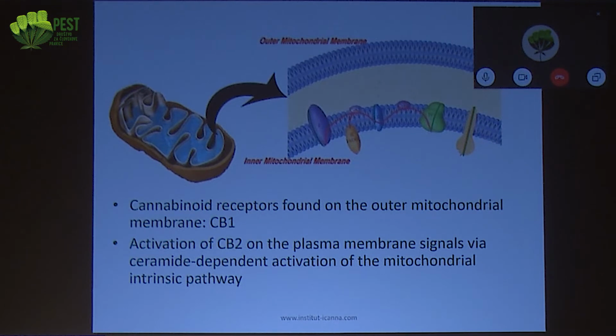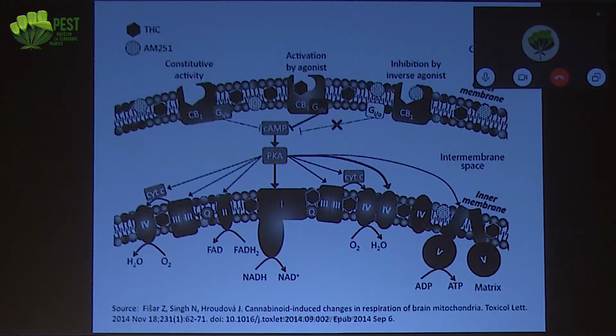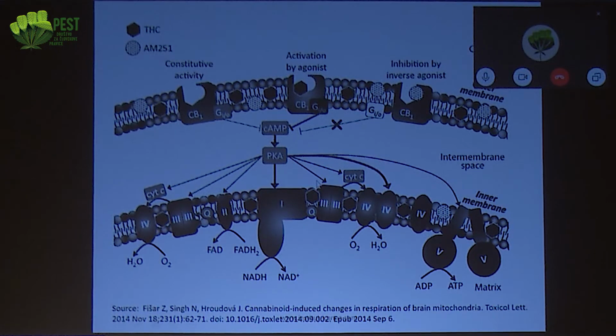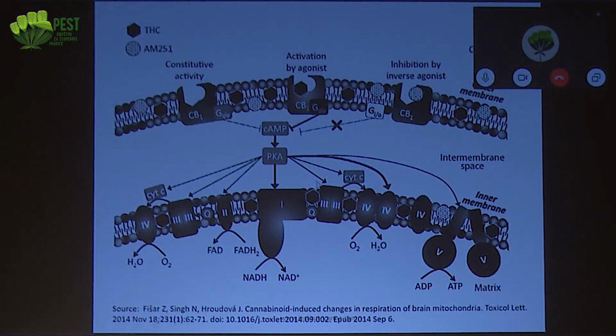So this is just a schematic depiction of how we have these cannabinoid receptors, CB1, on the outside of the membrane, and how this reaction influences the mitochondria itself.